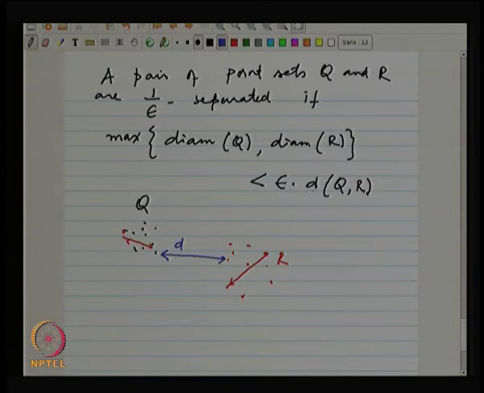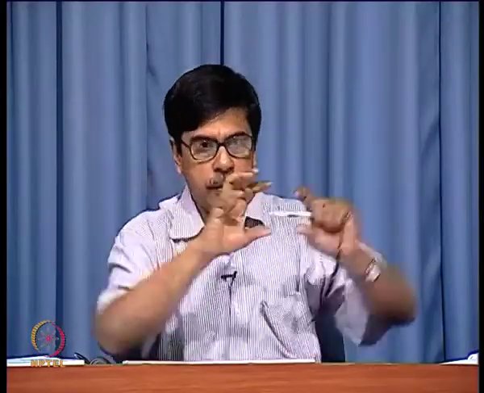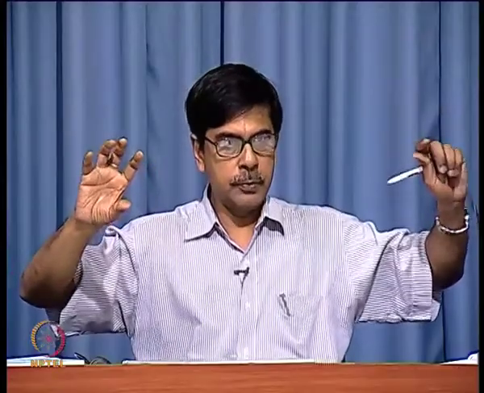This distance must be much larger, that is 1 by epsilon times the diameter. So, this distance must be much larger compared to the diameters of Q and R, which is something that we said in the context of the n body simulation. If these 2 point sets are very well separated, the separation is being defined with respect to the diameter of the point sets. Okay.